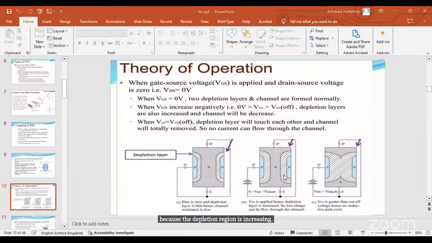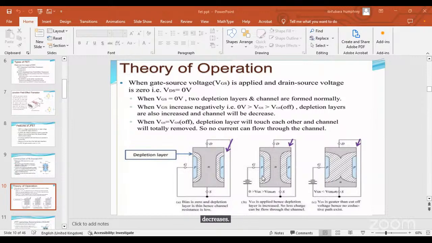When you increase the voltage across a reverse-biased junction, the depletion region will expand. So that is what is happening in the second diagram. When the depletion region expands, the channel decreases.